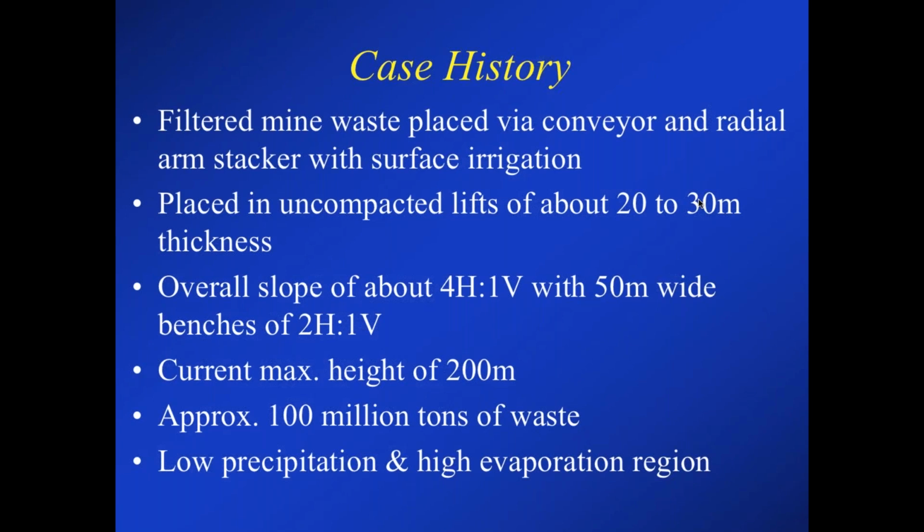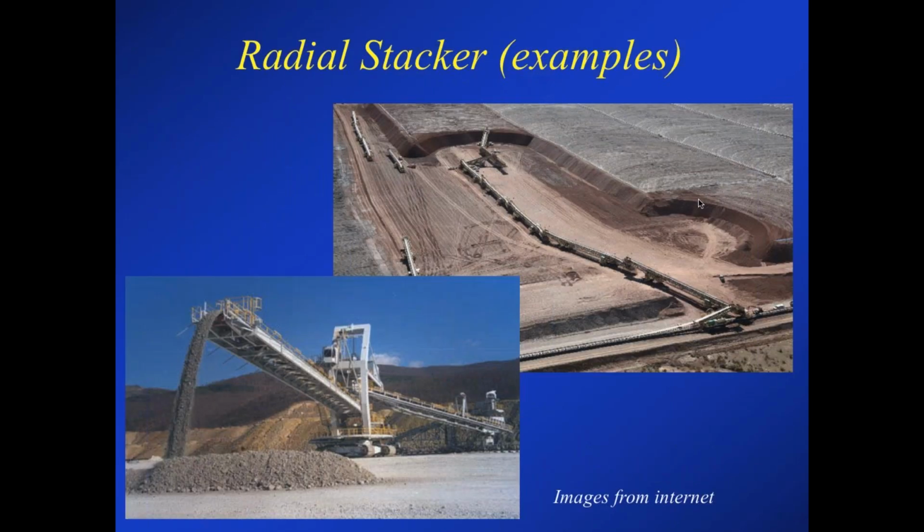The current maximum height is 200 meters, and there's approximately 100 million tons of waste, in a region of low precipitation and high evaporation. It's in South America. As is often the case, I can't tell you the actual mine or the actual location. I can just let you know that it's somewhere in South America.